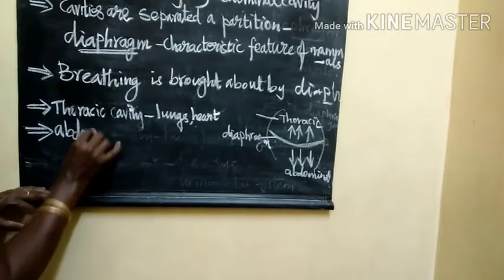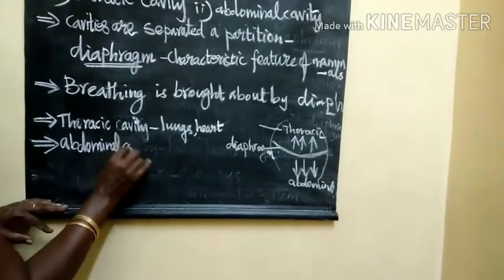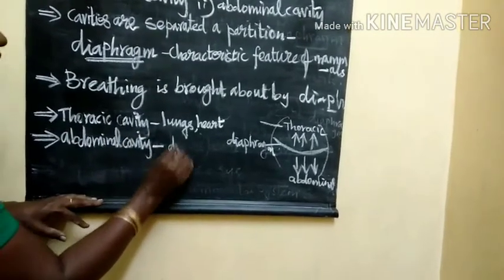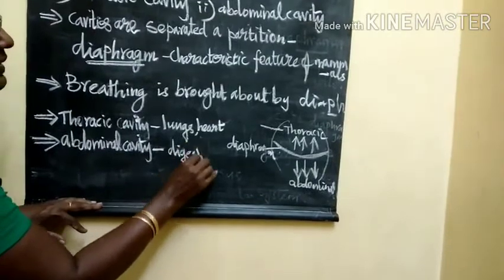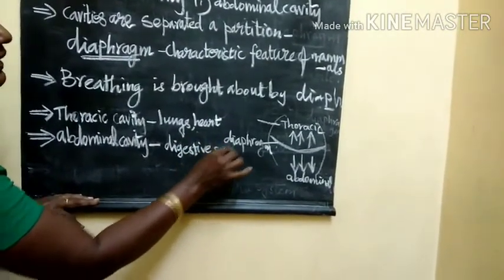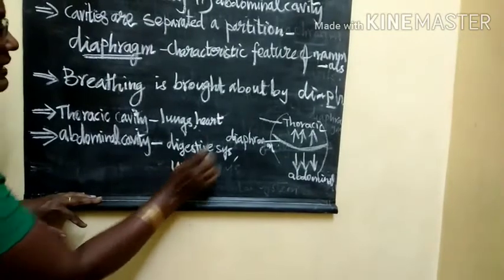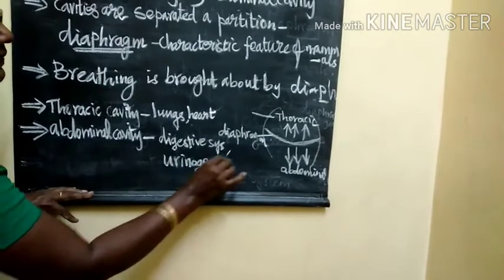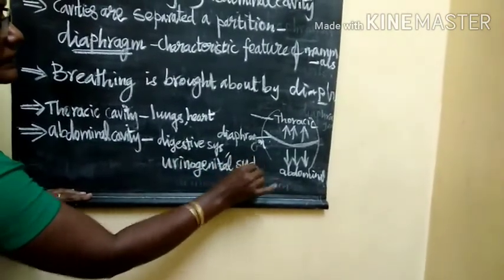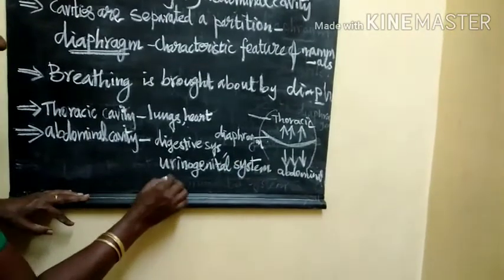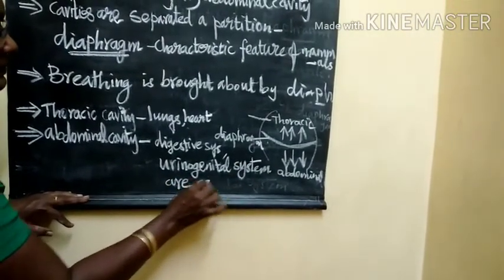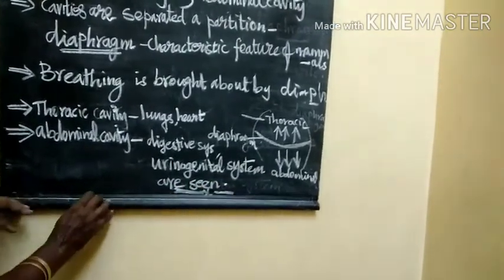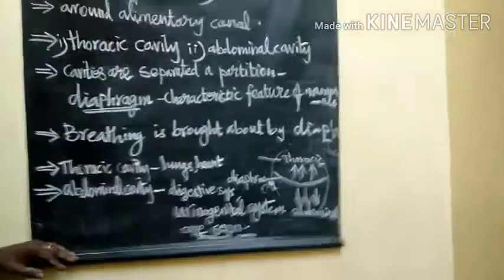In the abdominal cavity, the digestive system or alimentary canal and the urinogenital system are seen. These are the important things about the coelom.